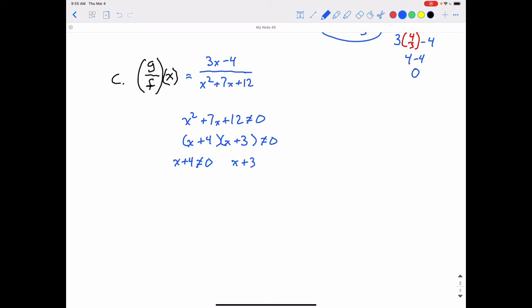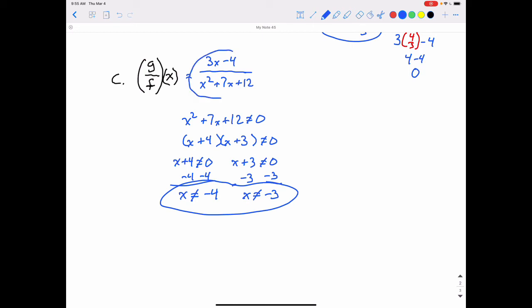There are actually going to be 2 restrictions to the domain on this one. So x cannot equal negative 4, and when you subtract 3 from both sides, x cannot equal negative 3. Both of these are restrictions to the domain. This is the answer to the division portion, and the part at the bottom is the restrictions to the domain.